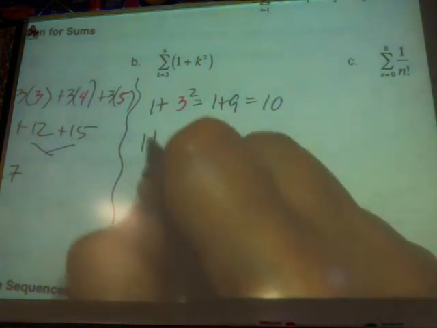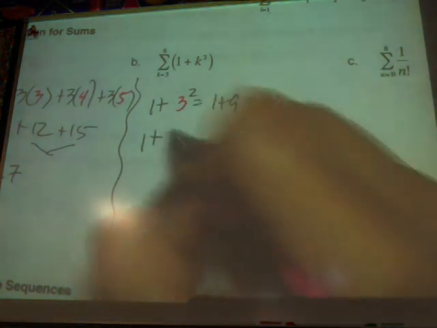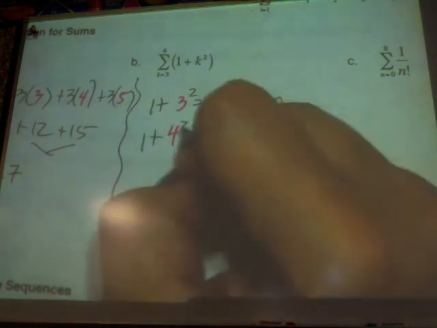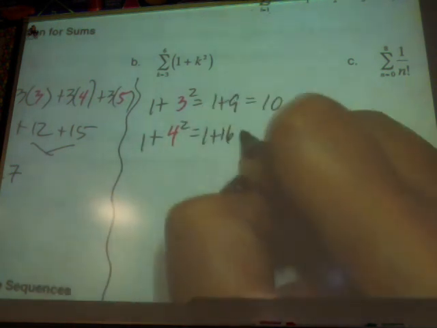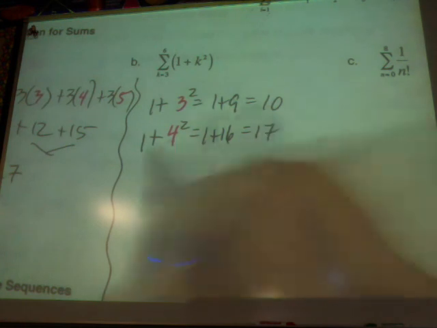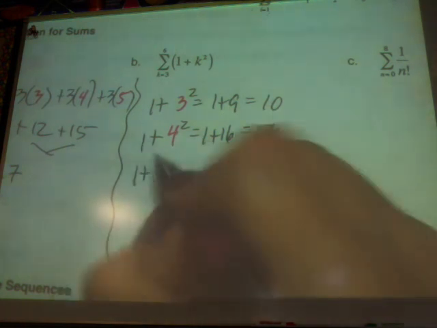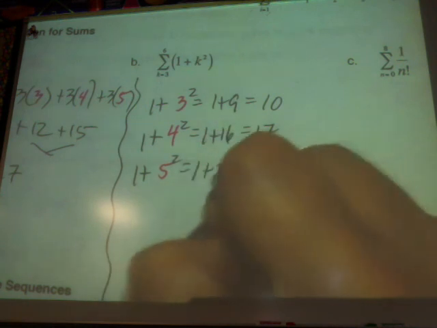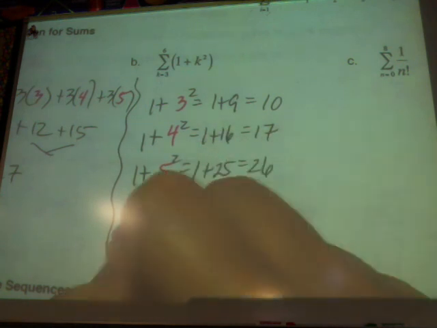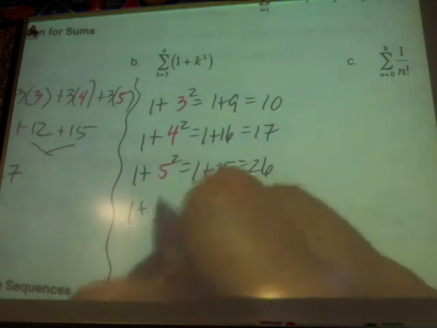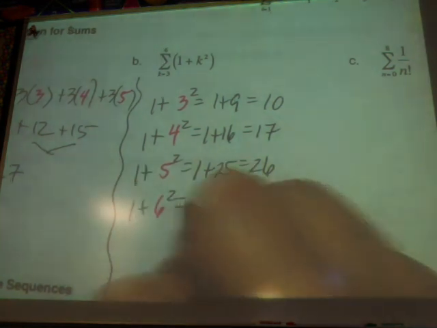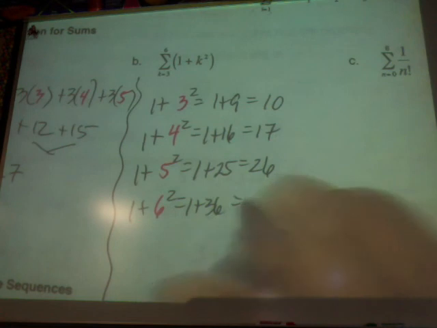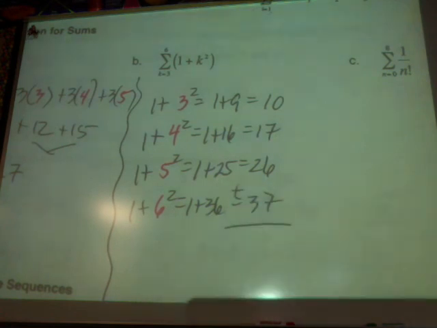And then 1 plus 4 squared, which is 1 plus 16, which is 17. 1 plus 5 squared, which is 1 plus 25, which is 26, and 1 plus 6 squared, 1 plus 36, which is 37. And then you want to add all those together. If you add them all together, we get 90.